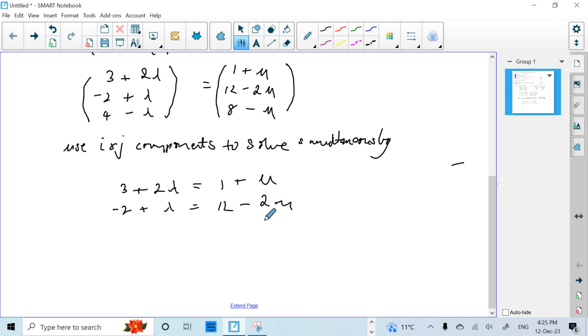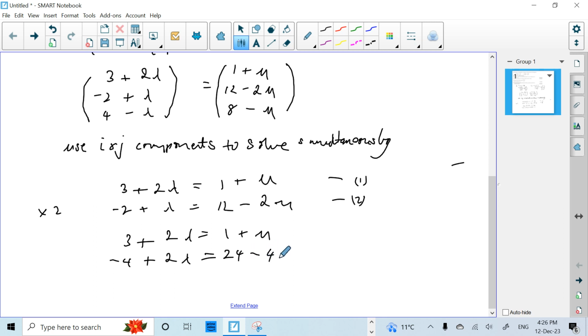And that's nice because if I multiply equation 2 by 2, my equation 1 stays 3 plus 2 lambda is 1 plus mu, and my new equation 2 is minus 4 plus 2 lambda, which is equal to 24 minus 4 mu.